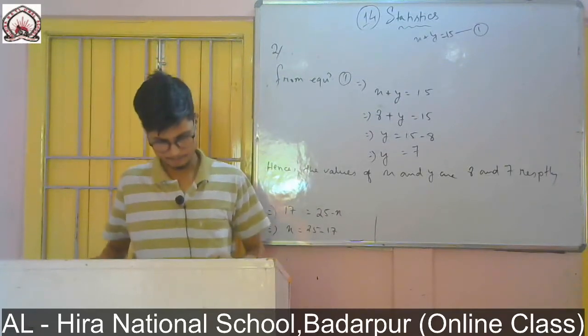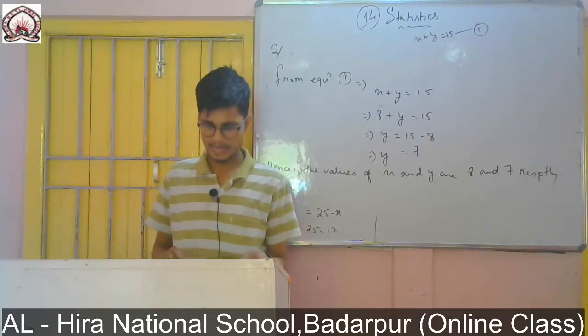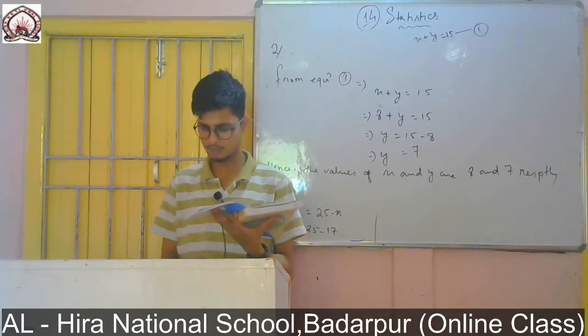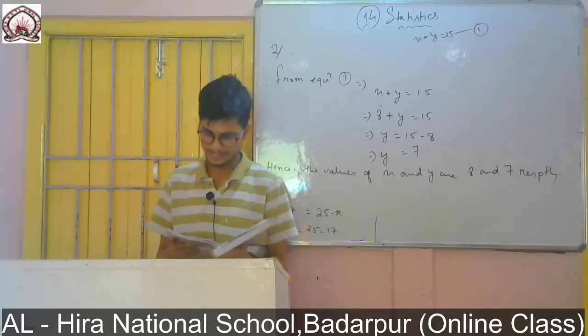You practice it. So now question number 3, you see, a life insurance agent found the following data for distribution of ages of 100 policy holders. Calculate the median age.